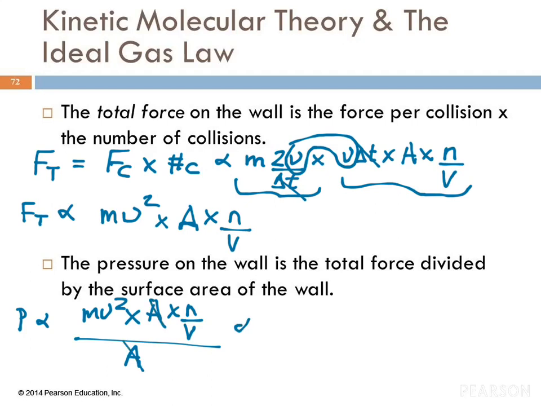Let's rewrite the whole thing. The pressure on the wall is proportional to mv squared times n over V. The pressure is proportional to 1 over the volume.